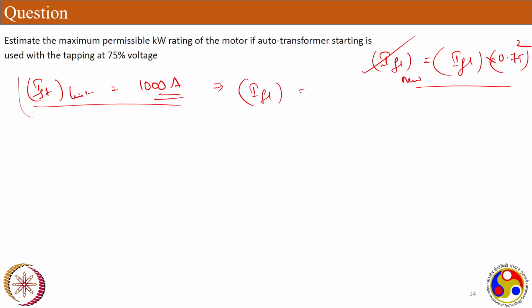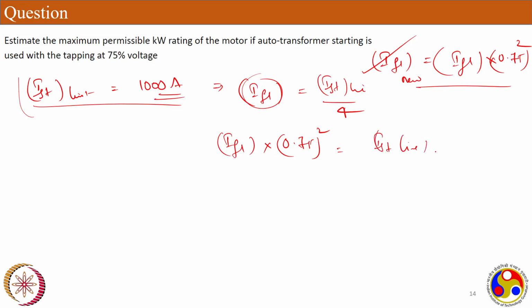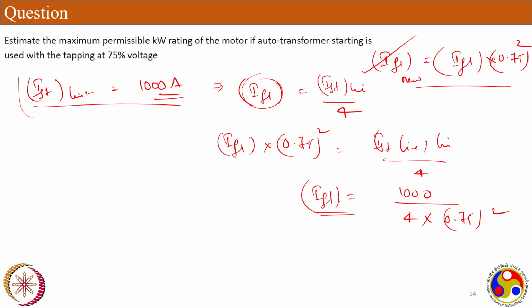IFL is equal to IST line by 4. That's the equation. Now this IFL is equal to IFL times 0.75 squared, with the IST line limit divided by 4. So it is 1000 divided by 4 multiplied by 0.75 squared. So this is the full load current that the motor can draw if you are going for auto transformer starting.